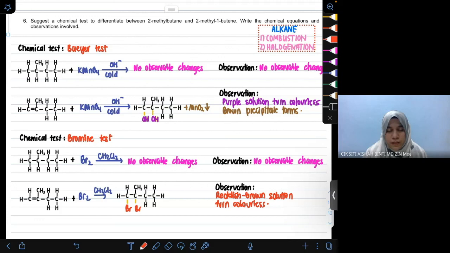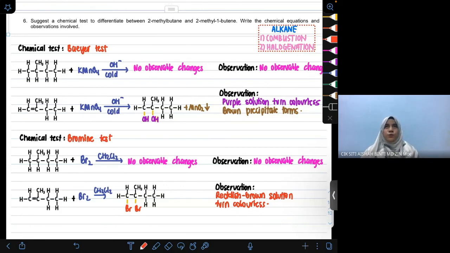In organic chemistry you have to memorize the reagent, the observation for this reaction, and then what happened to the product. But no worries, because if we are online, it means we can go faster. When we can go faster, we can do lots of revision together. For organic, we can do many questions together.